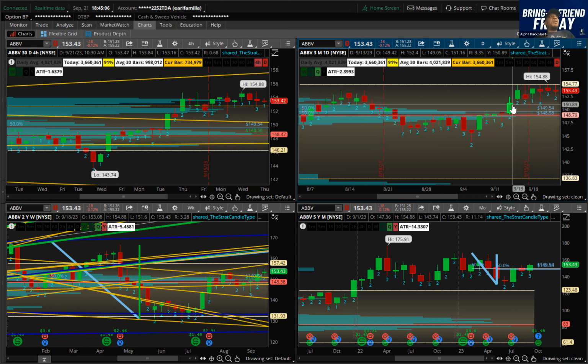What we need tomorrow for this one to go, and I'm looking at it from a macro standpoint, is for SPY to either stop selling or just consolidate.